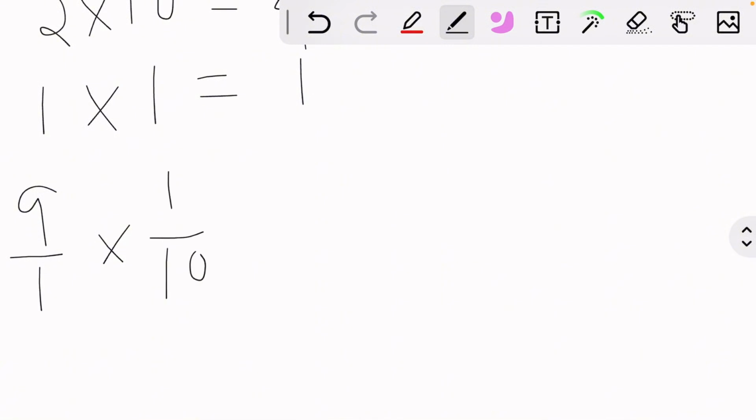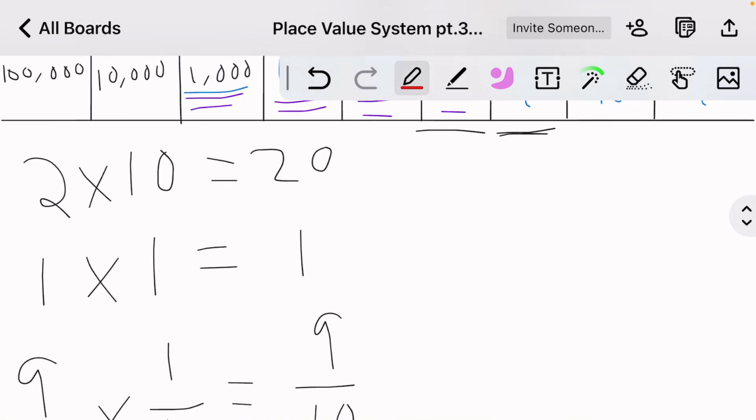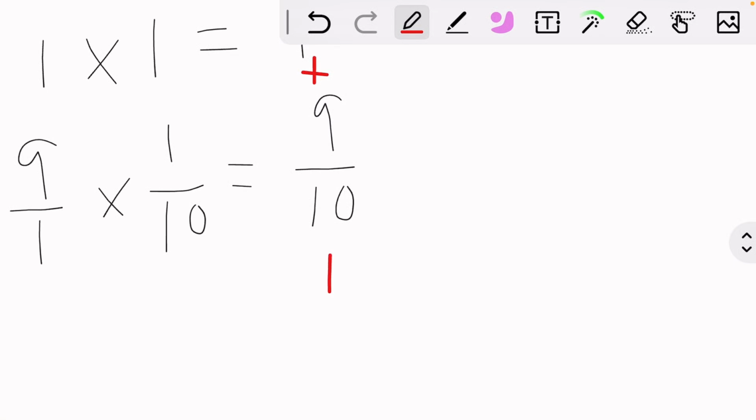Instead of writing 1 over 10 nine times, when we multiply straight across, this is going to give us 9 over 10. So we're going to add that in there. And then plus, so we got 20 plus 1 plus 9 over 10 plus, what we got up here?